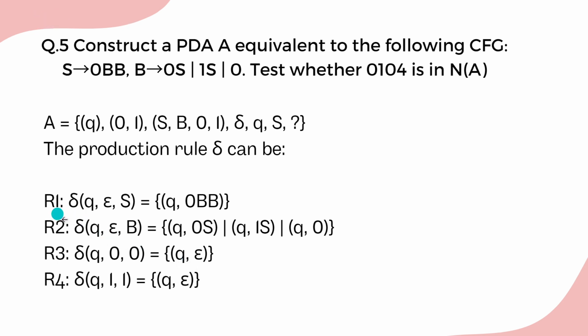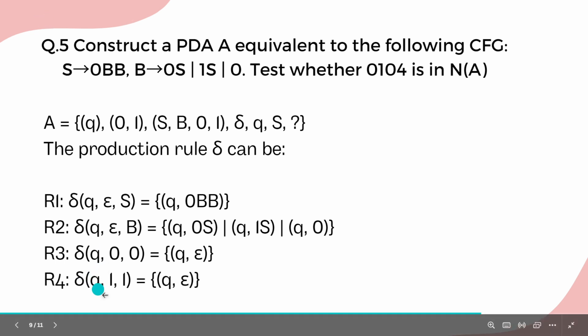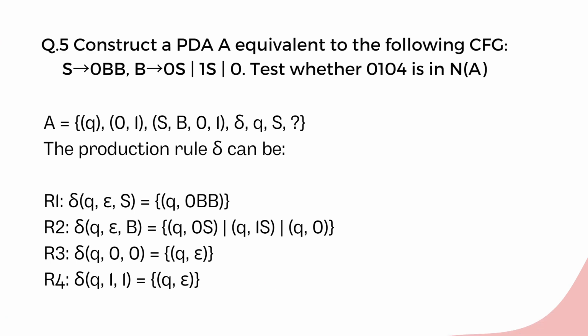Rule 1 says that delta(q, empty, S) is equal to the set of (q, 0BB), and rule 4 also says that delta(q, 1, 1) is equal to the set of (q, empty).